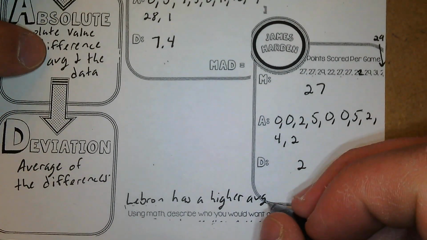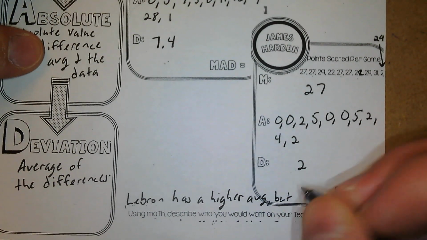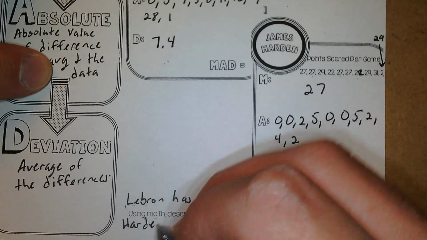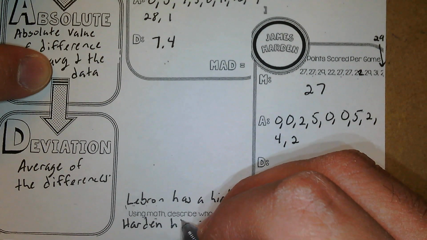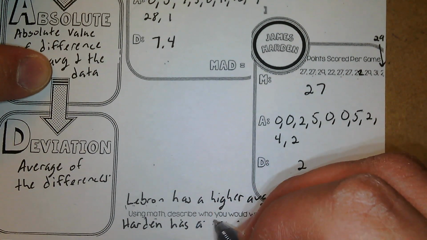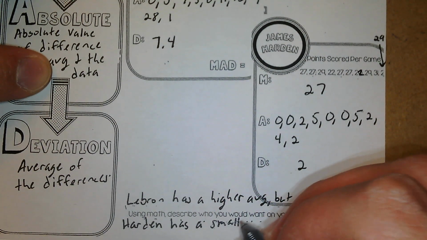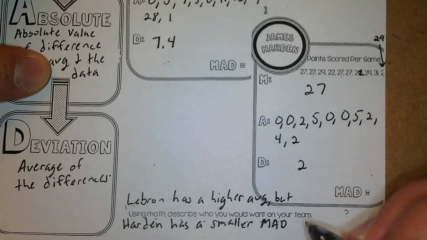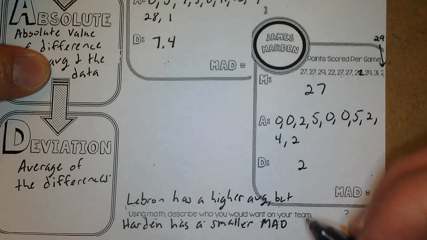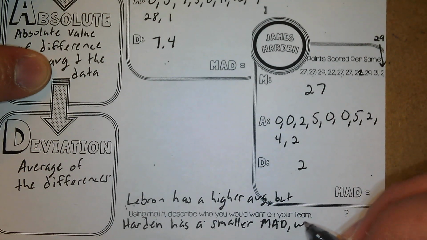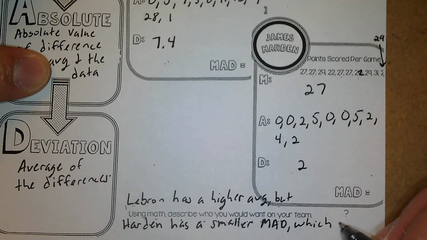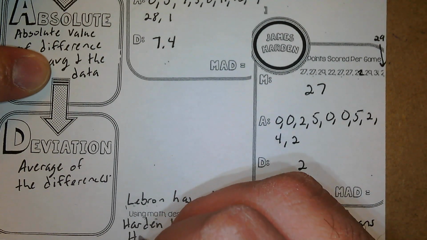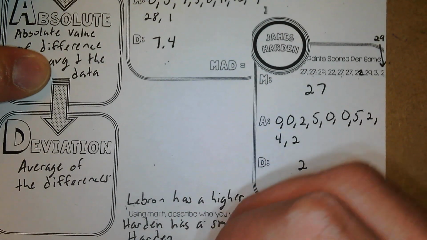But Harden has a smaller mean absolute deviation, or MAD, which means Harden is more consistent.